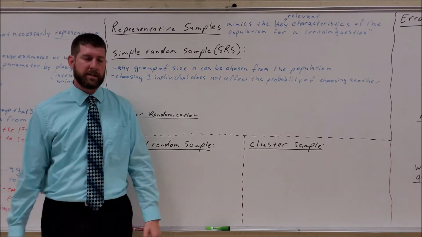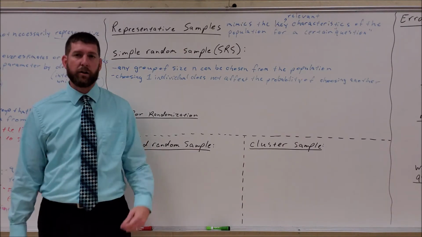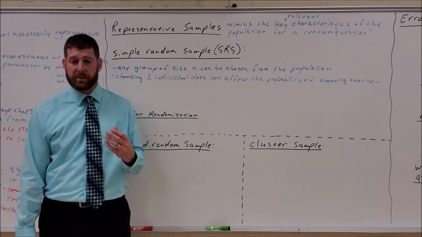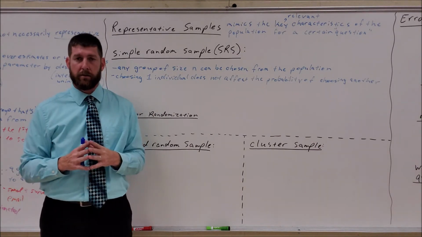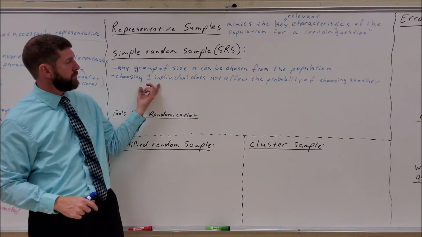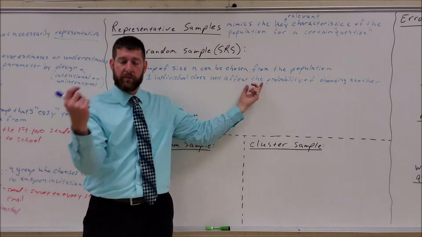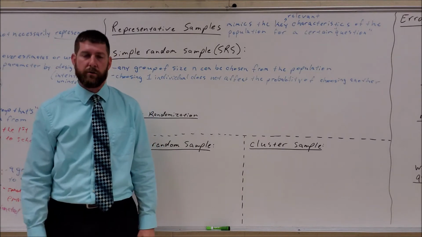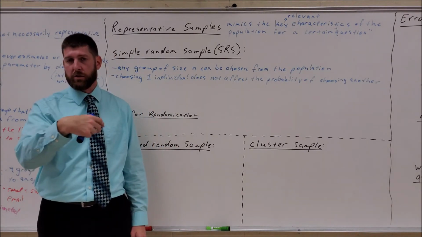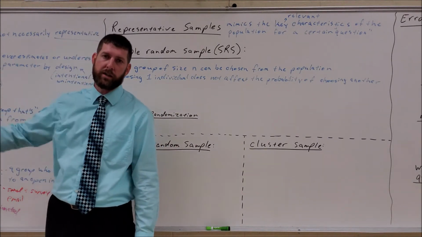That's a systematic type thing, and that also wouldn't be random. The reason is that once I pick that first person, the next 9 people are eliminated. So that one person being chosen affected the probability of those other people being chosen. Same as if I went to one person in each classroom, that one person being chosen just eliminated every other person in that classroom.